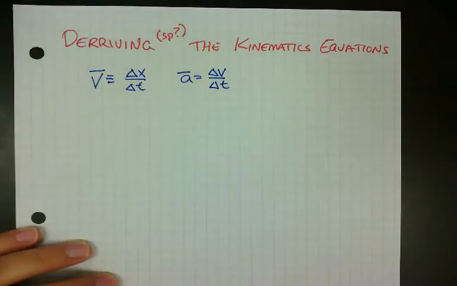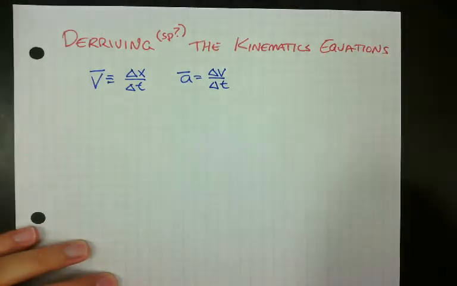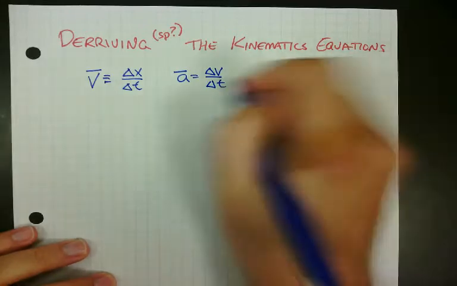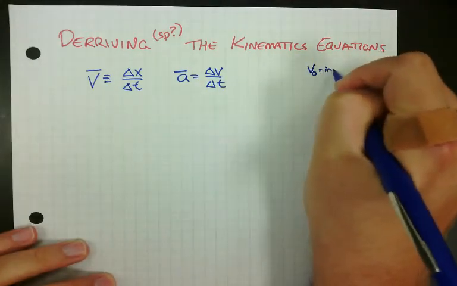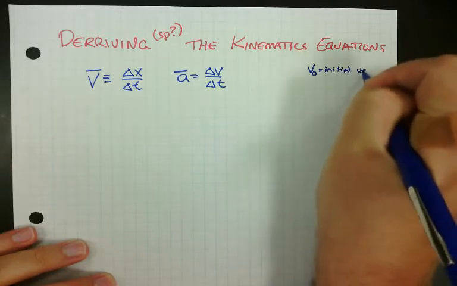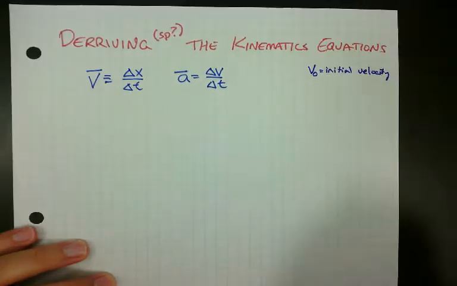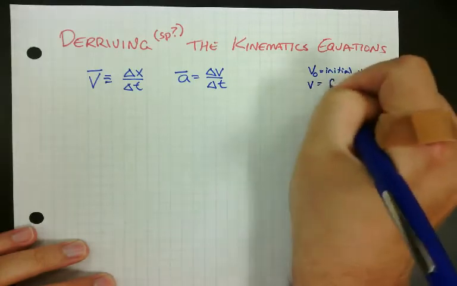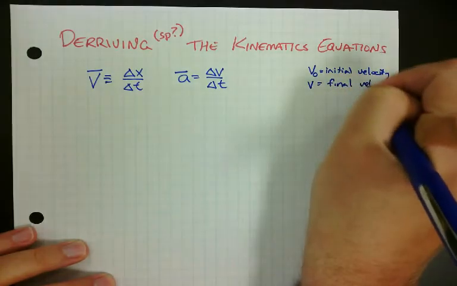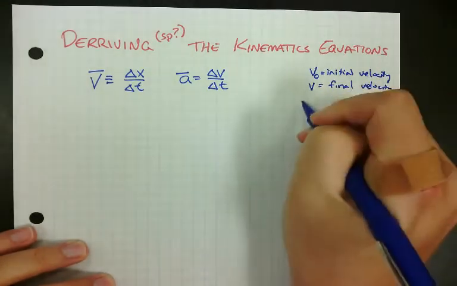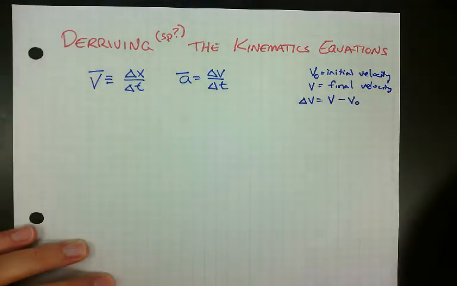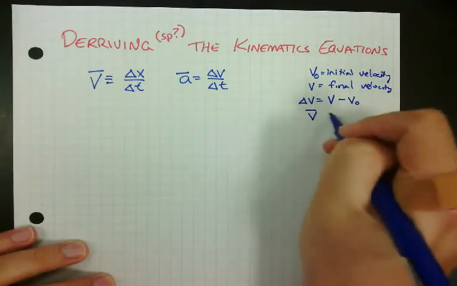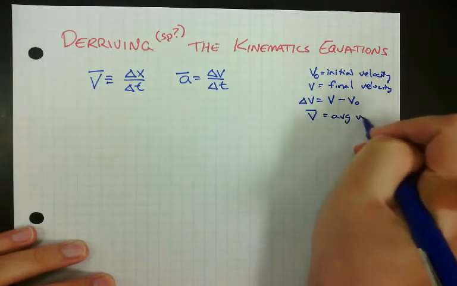And just as a reminder, v naught is going to mean the initial velocity, and v is going to equal the final velocity, and a couple other things. Remember that delta v is going to equal the final velocity minus the initial velocity, and then you got v bar, which is going to equal the average velocity.